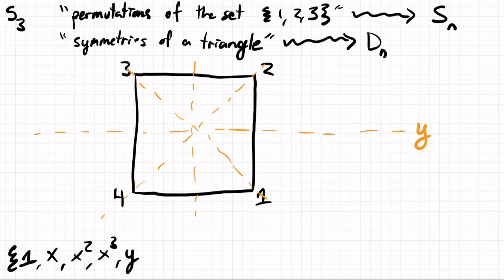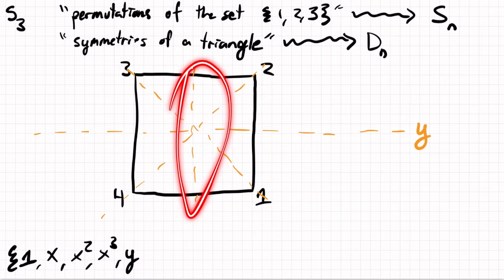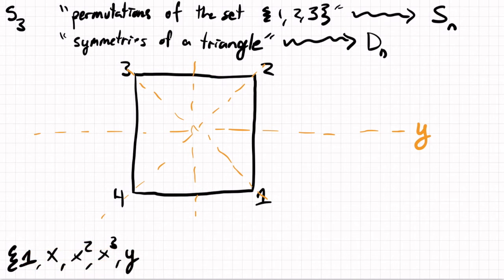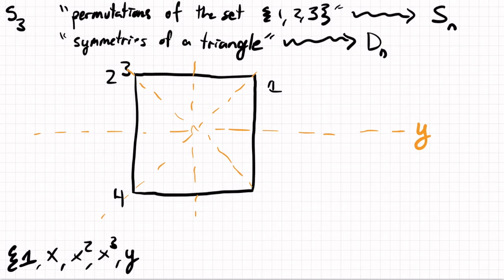and then we can ask, can we write these other reflections in terms of these elements here? And the answer is we can. So for example, let's take x times y. What'll happen with x times y? If I have x times y, first I'm going to rotate. So 1 will go here, 2 will come right here, 3 comes down here, and 4 goes right here.